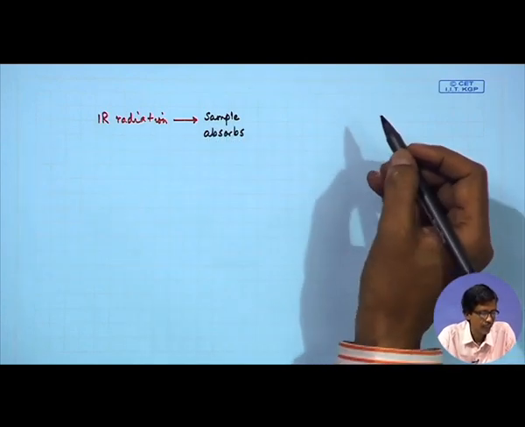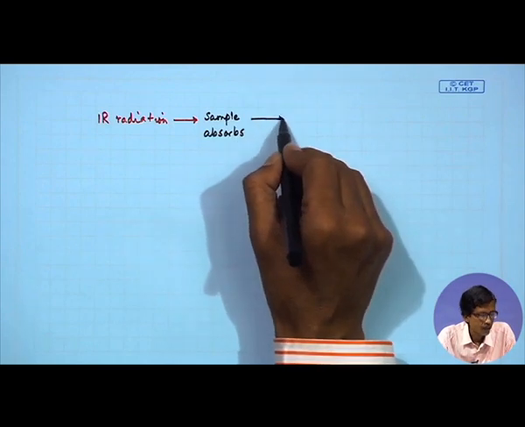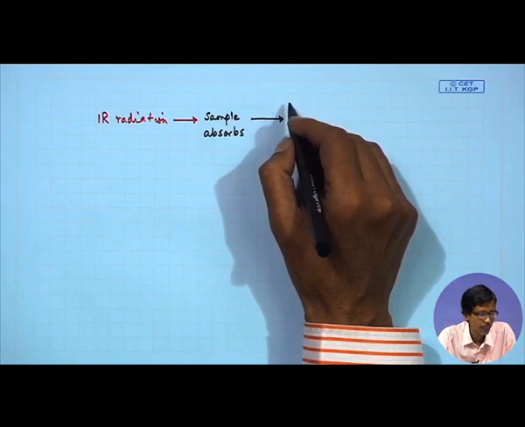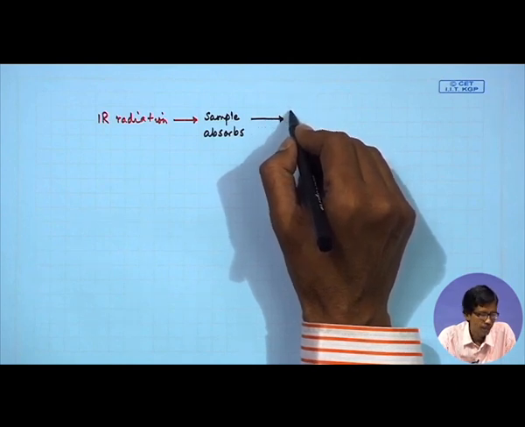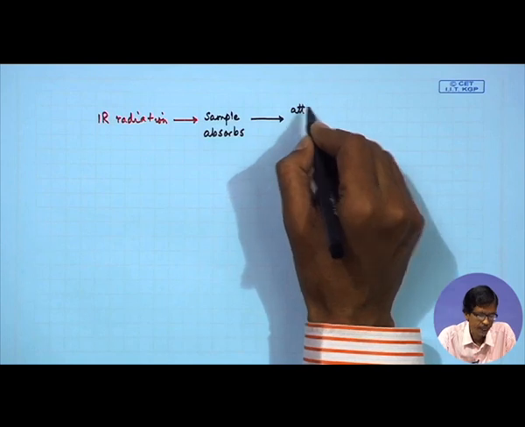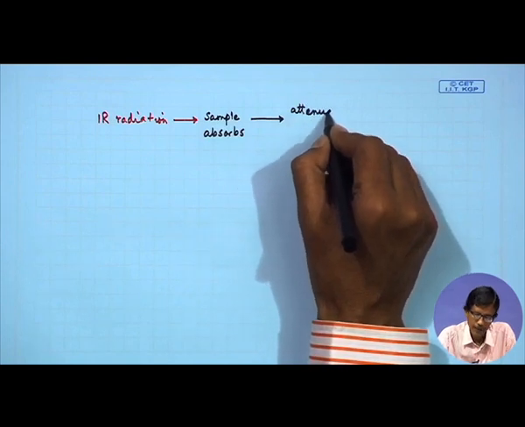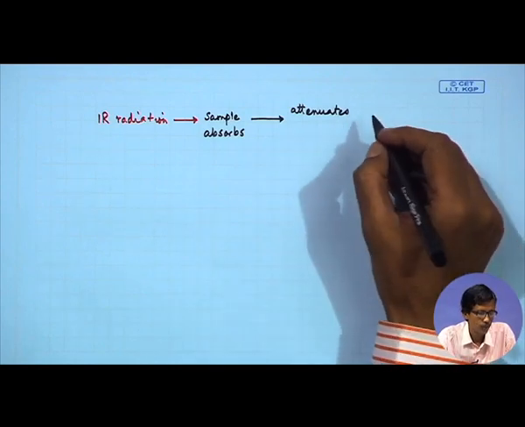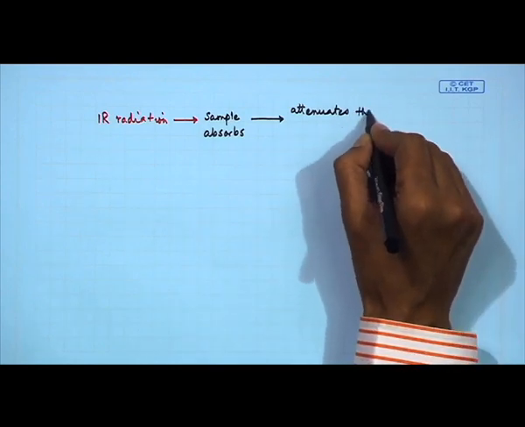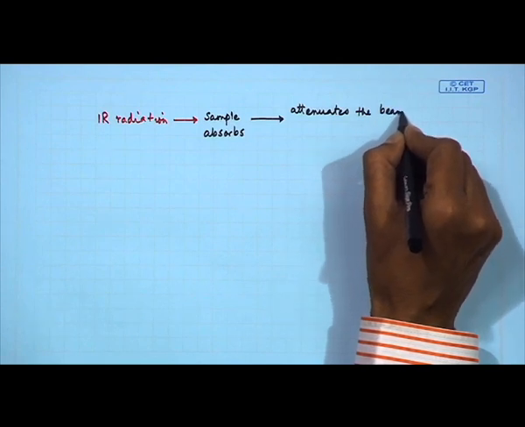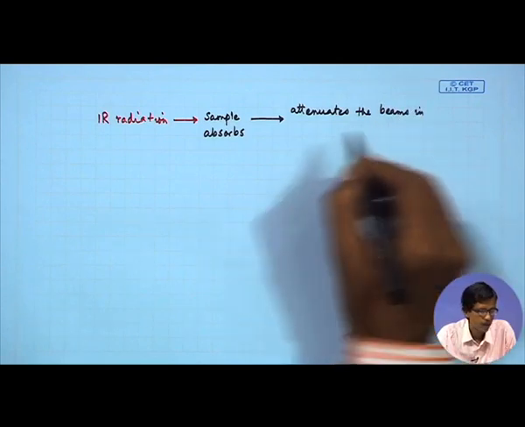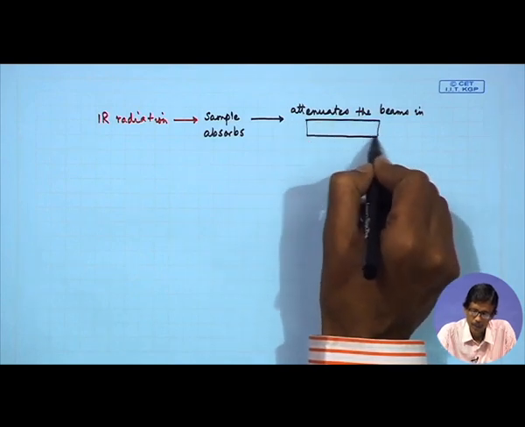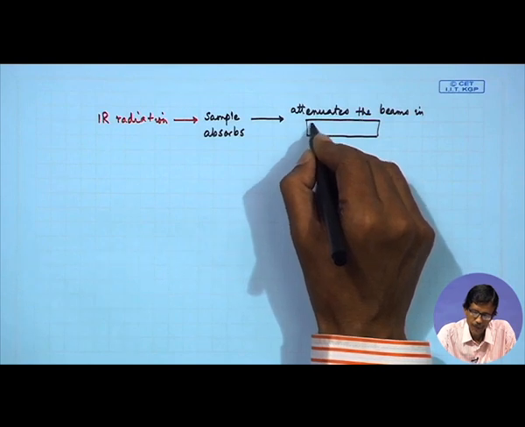So, the absorption will take place. Then we have the beams. The IR beams can be attenuated, that means the radiation is getting chopped off, and this part is done by your interferometer.